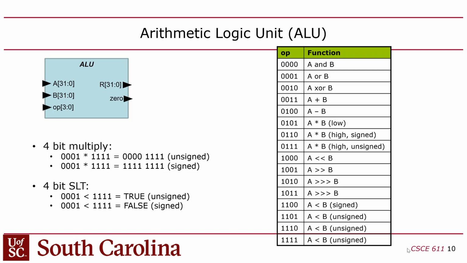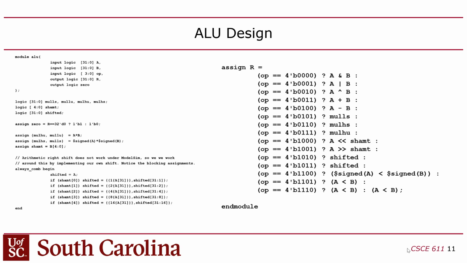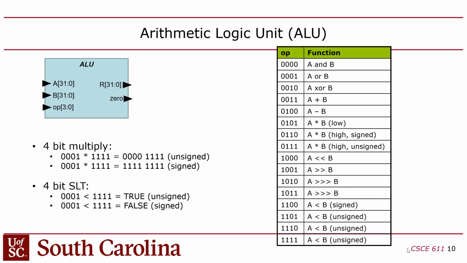Okay, and the ALU we give you, the code is here. The important thing to understand about the ALU is it's a combinational logic circuit. There's no memory in here at all. There's no clock input. There's no reset input. It's purely combinational. You give it an A and a B, 2 32-bit inputs, and an ALU op.